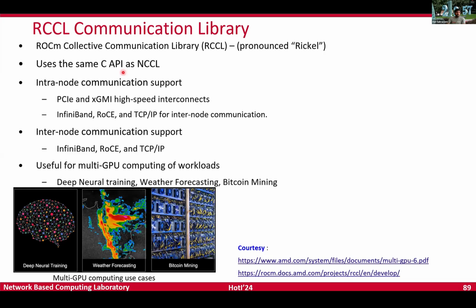It is very similar to NCCL in terms of APIs and functionalities, and it gives you extremely good communication performance for intranode and internode point-to-point and collective communication mechanisms on small as well as large AMD-enabled systems. Frontier is a good example where RCCL gives you very good communication performance. Frontier is a top supercomputing system at the Oak Ridge National Labs.